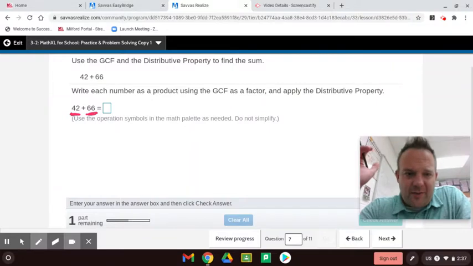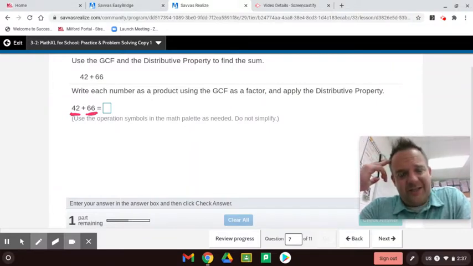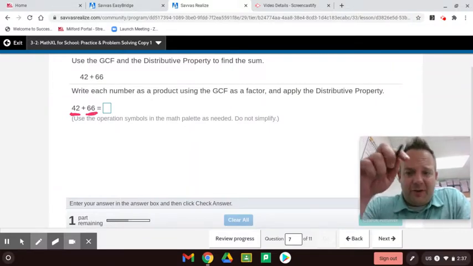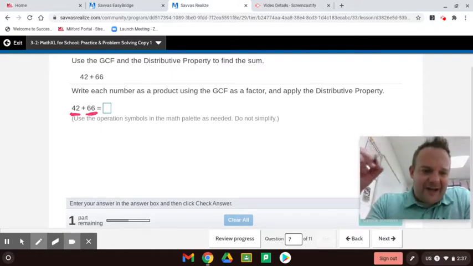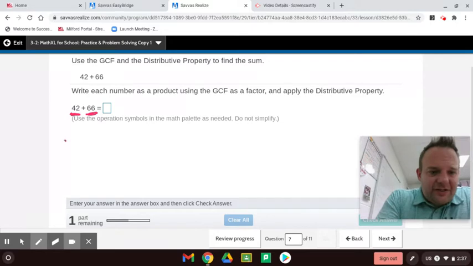What's the largest number that goes into both 42 and 66? You might have to do the prime factorization thing I just taught you, but your time is very valuable. So I'm going to go right in and tell you that it is 6. 6 is the greatest common factor. At least I hope. So 6 times, anytime a number is right next to the parentheses, that means times, plus blank.